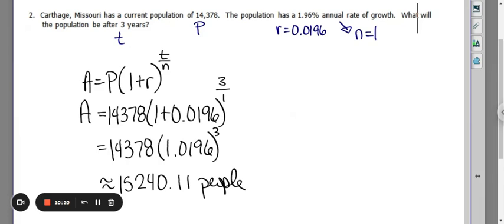Okay. So the question is, do we measure population as parts of people? No. So that's the other thing to watch, is we're going to take that decimal off and round it. If you're dealing in number of years, if you're dealing in money, then that's fine to have your decimal.